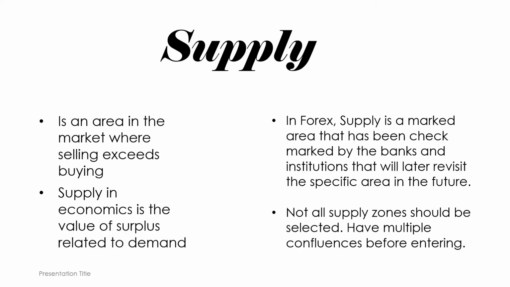And so in the Forex market, supply is a marked area that has basically been check marked by the banks and institutions so that the market can later revisit that specific area to garner more sellers. And obviously, not all supply zones should be selected, but you should have multiple confluences before entering a trade if you're going to be using supply and demand zones in your trading strategy.